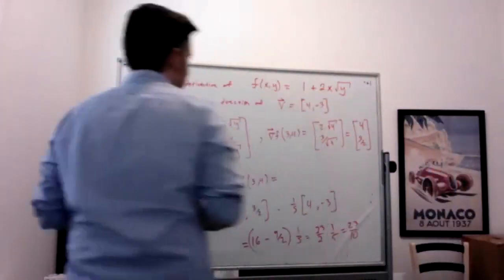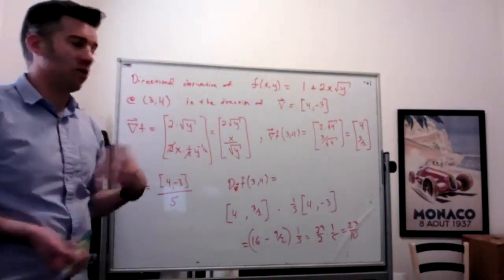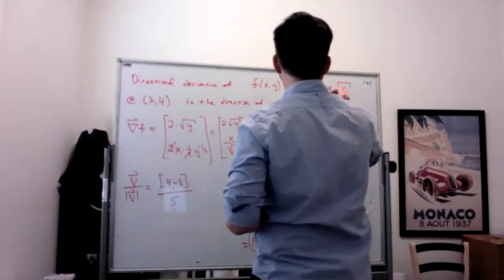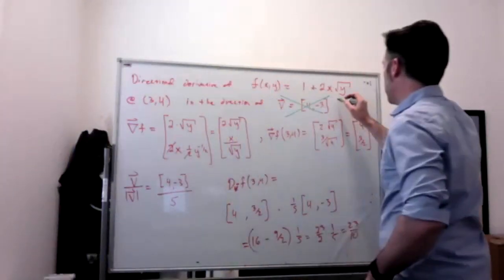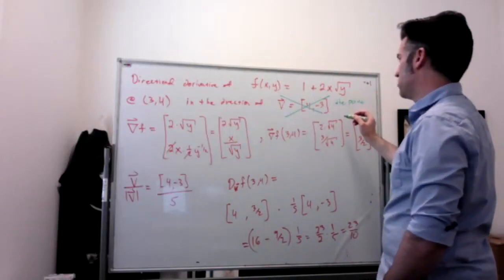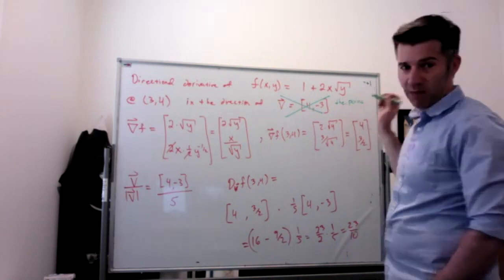What if instead of saying I want to move in the direction of that vector, I said I want to move in the direction of the point, let's say, I'm going to make something up that's not going to be particularly nice.